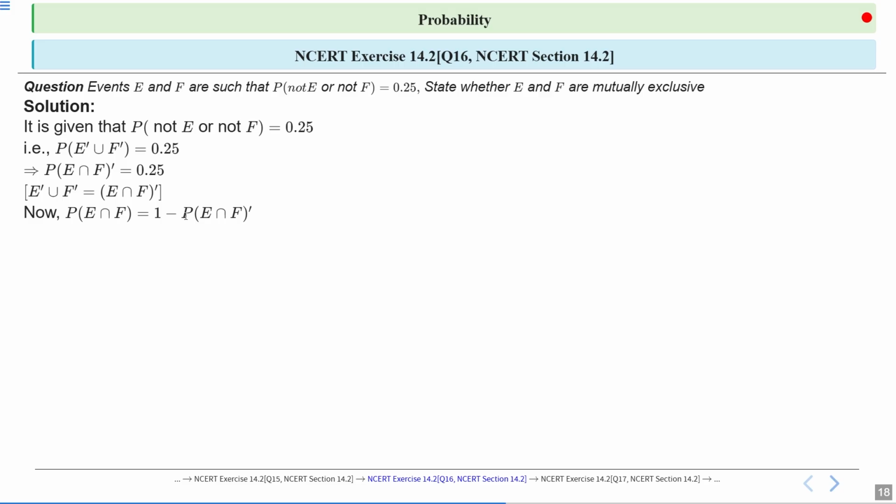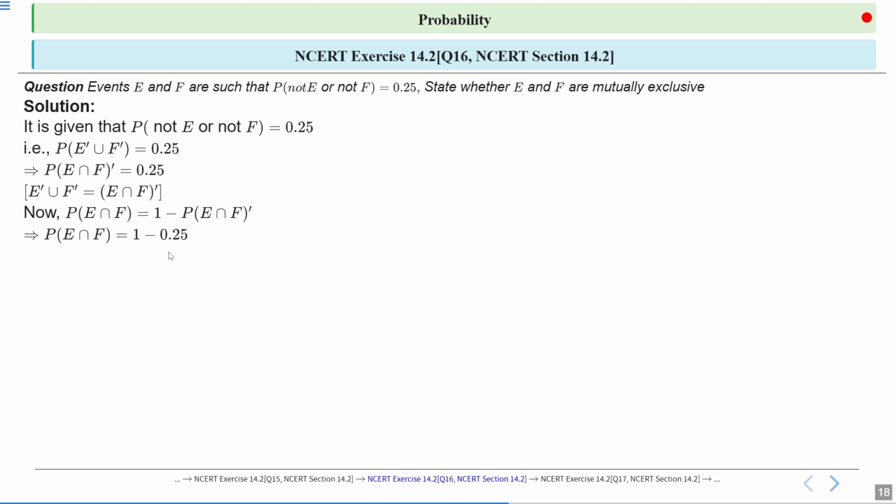We are given the probability of (E intersection F) whole complement, and we have to find the probability of E intersection F. Putting in the value 0.25, we obtain the probability of E intersection F equal to 1 minus 0.25.